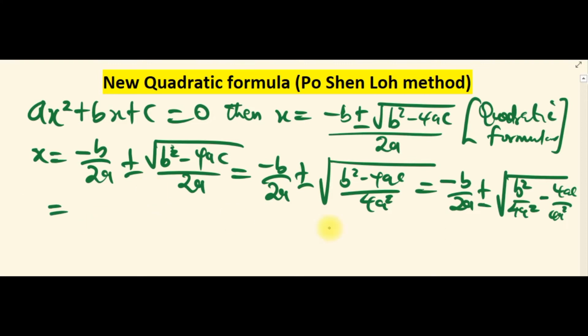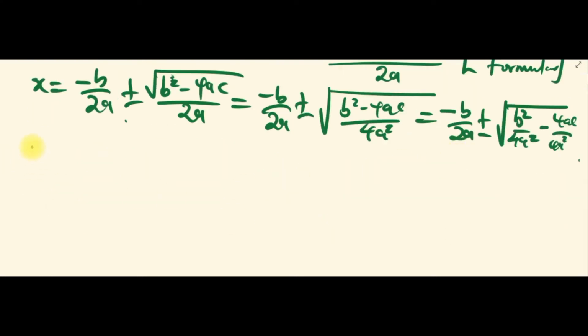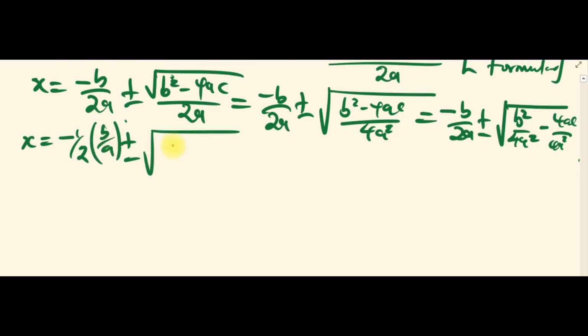So now we can write this as minus half b over a plus or minus square root of b over 2a all squared minus c over a. We are still correct.